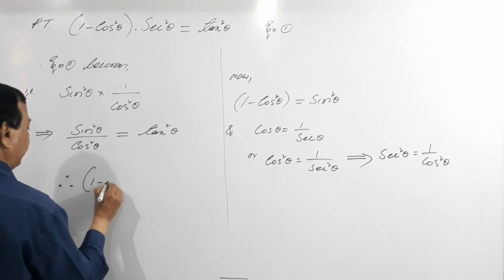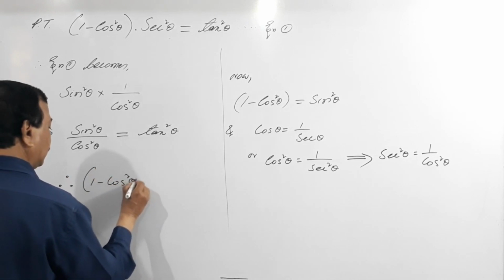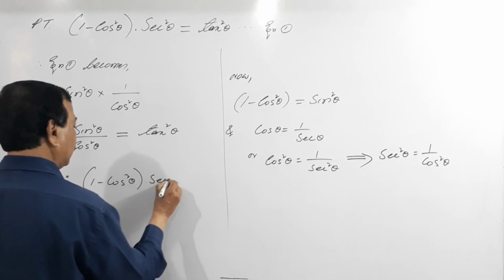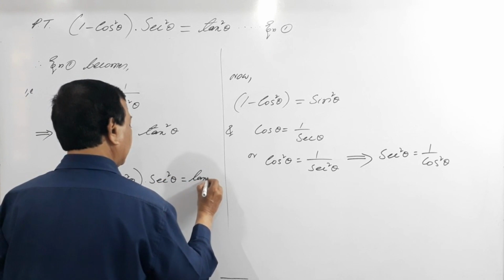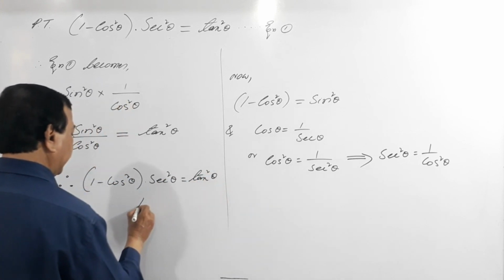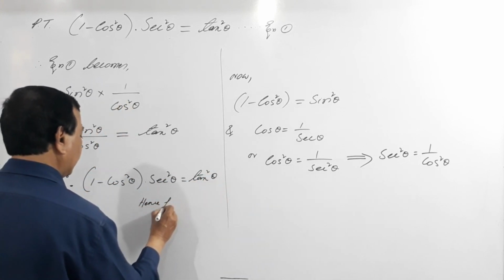Therefore 1 minus cos square theta into secant square theta equals to tan square theta. Hence proved.